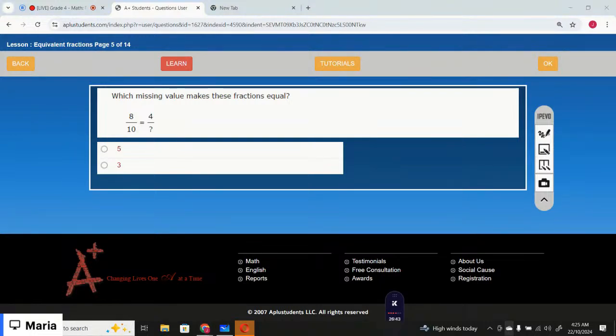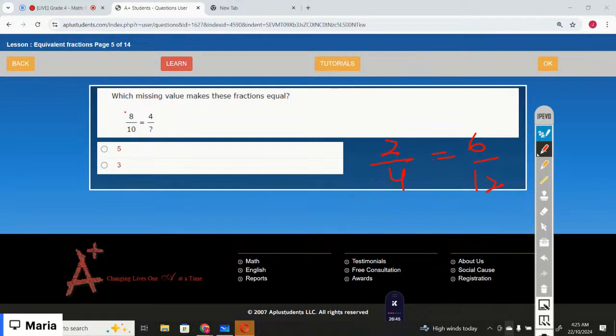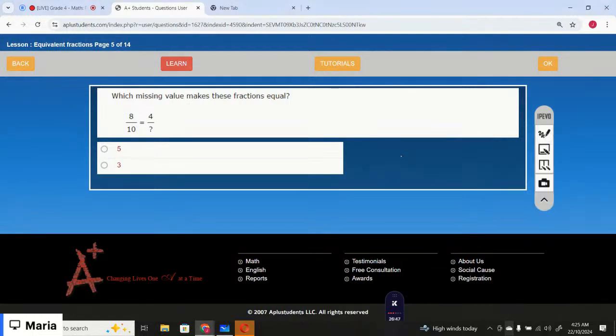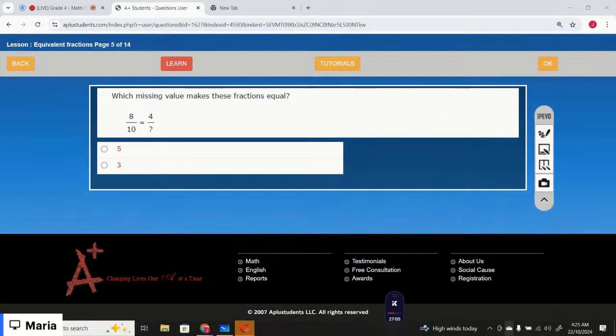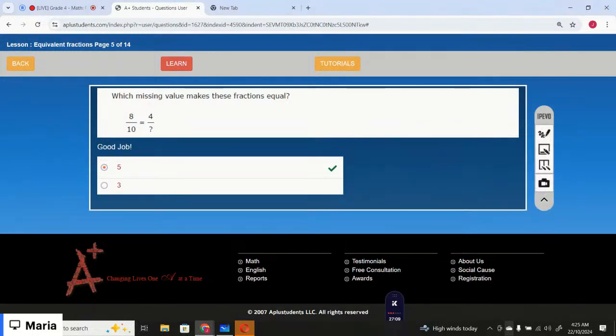Just look at this one. Here you have 8, right? Here you have 4. So 8 over 10 equals 4 over the missing number. When you divide 8 by 2, that is 4, so divide 10 by 2, that is 5. So the correct option is 4 over 5. Option number 2 is the correct option.